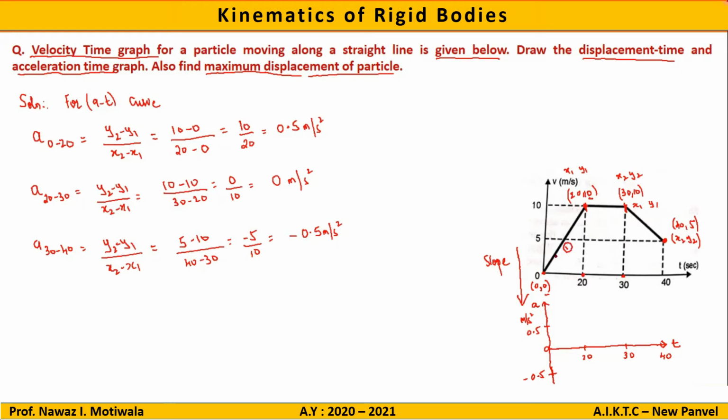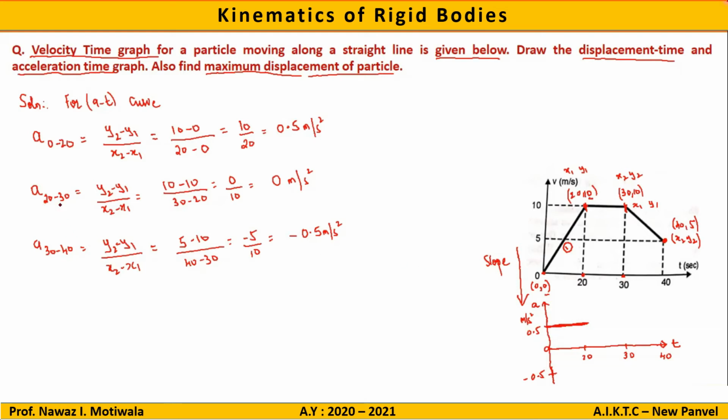So if in the VT curve the degree is 1, in the AT curve the degree should be 0. So from 0 to 20, I will make a line having degree 0, whose value will be 0.5. So this is nothing but my AT curve between 0 to 20.